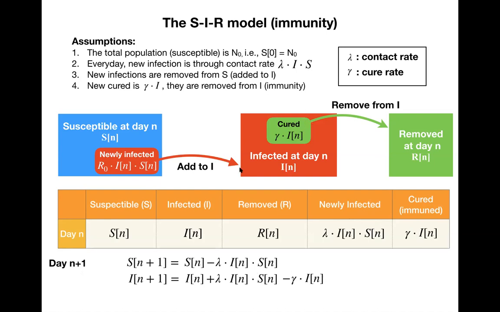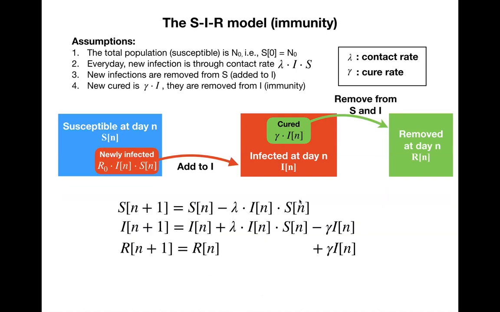So add this term and remove that term. And R_n is relatively easy. You just have new people added to R_n, which is R_n plus gamma times I_n. That's the newly removed ones, and they don't go anywhere else. They don't go back to S.